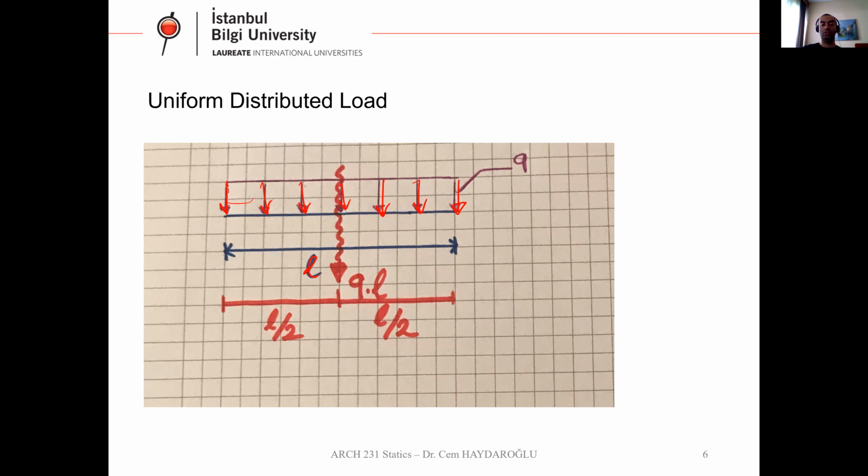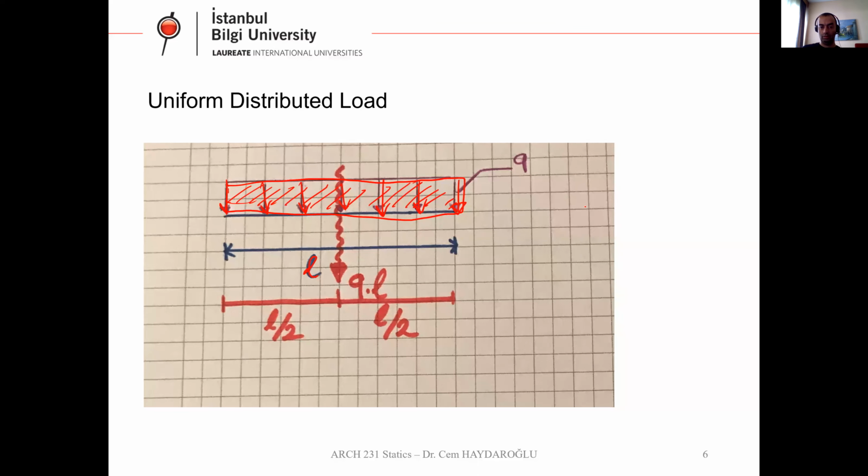Please take a look at the shape of this loading. What is this shape? A rectangle? Yes, it's like a rectangle, right? So we are going to calculate the area of this rectangle. What is the area?